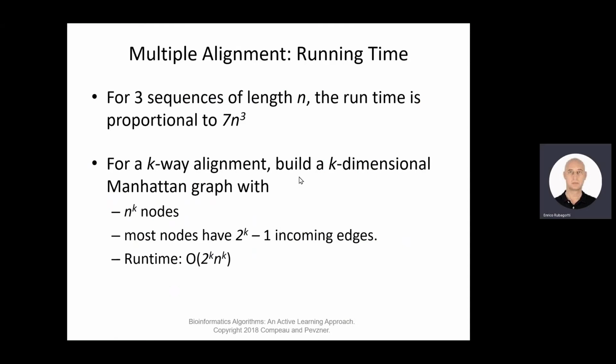Several nodes will have 2 to the k minus 1 incoming edges. As a consequence, the runtime will be big O of 2 to the power k, n to the power k. So it's going to be exponential in function of the number of strings to align.